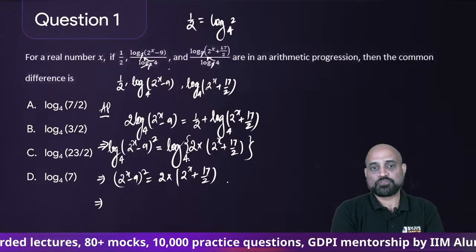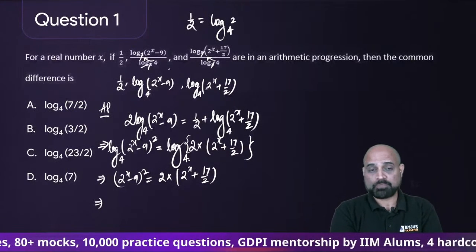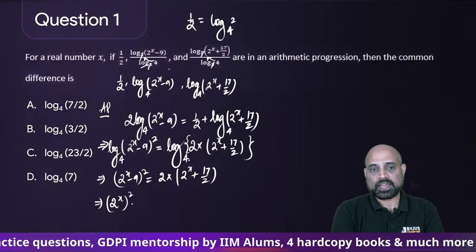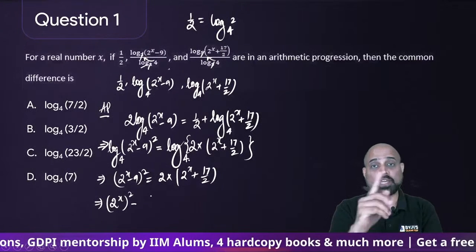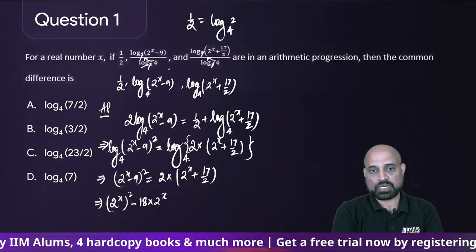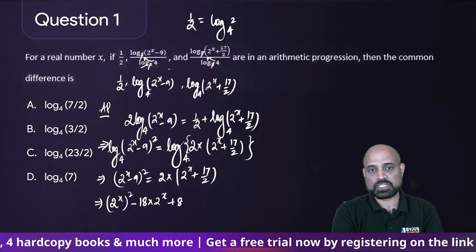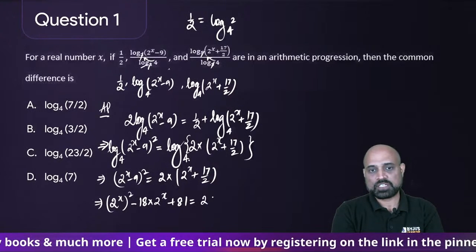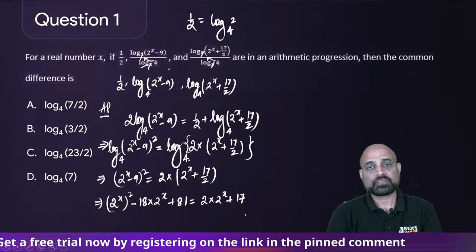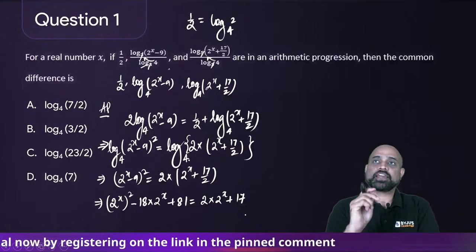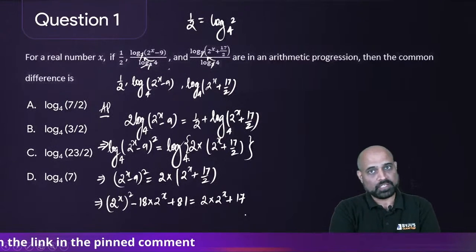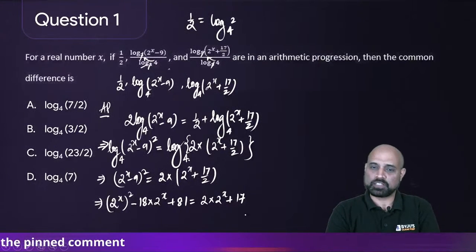Now, if you expand the square, we get (2^x) whole square, then minus 2ab, so minus 18 times 2^x, plus b square, which is 81. And we have this equal to 2 times 2^x plus 17. Since we have a variable as the power, an exponent function, we shouldn't try to do anything apart from substituting it with another variable.